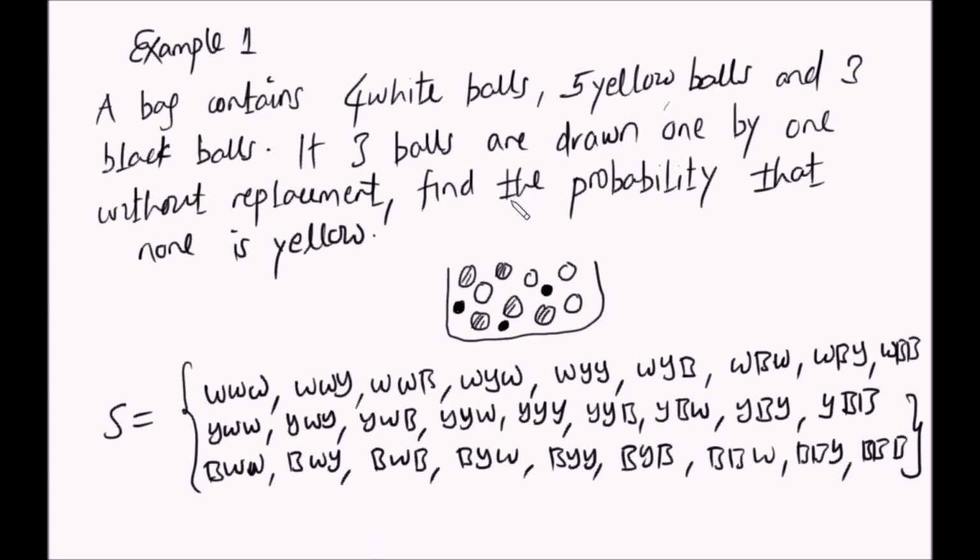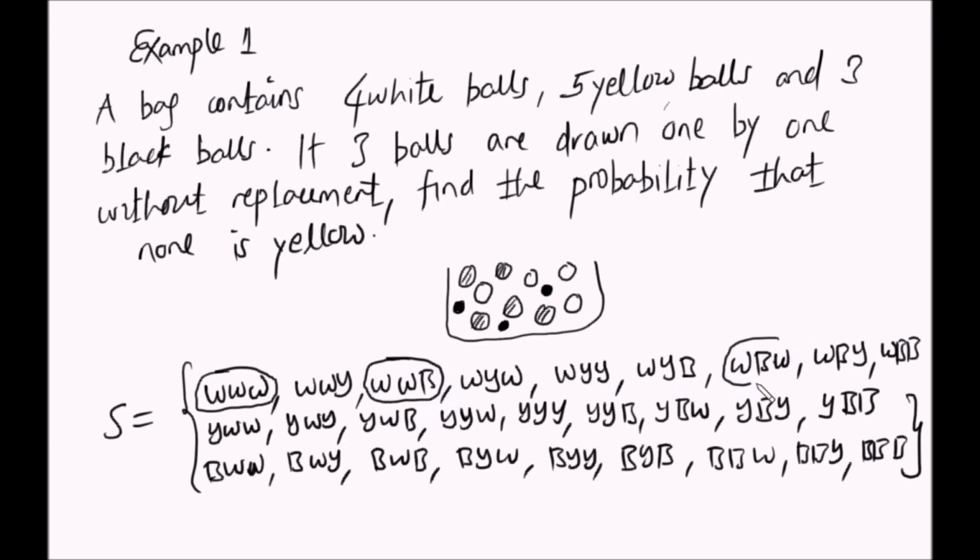So swali nasema find the probability that none is yellow. So you see here tuna white, white, white, white, white, yellow. So hapa kuna yellow. So white, white, white means none is yellow. White, white, black, none is yellow.